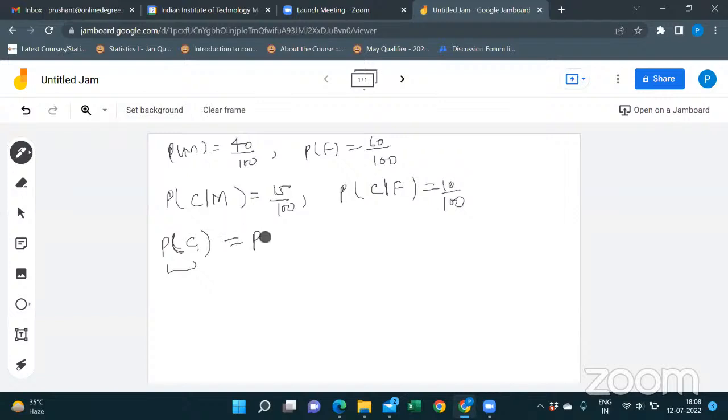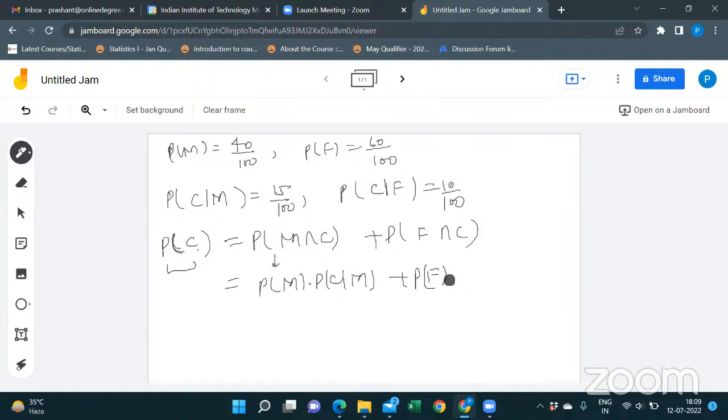So the patient is either male and suffering from cancer, or female and suffering from cancer. By the multiplication rule, I can write probability of male into probability of C given M plus probability of female into probability of C given female.